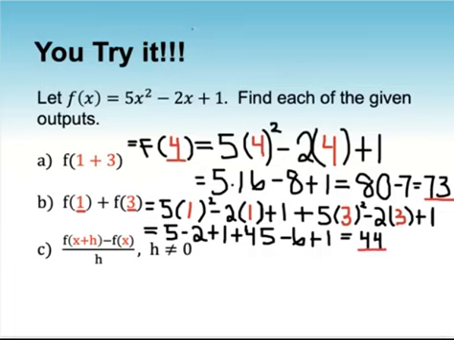Another thing that I want you to notice is that f of 1 plus 3 is equal to 73, but f of 1 plus f of 3 is equal to 44.